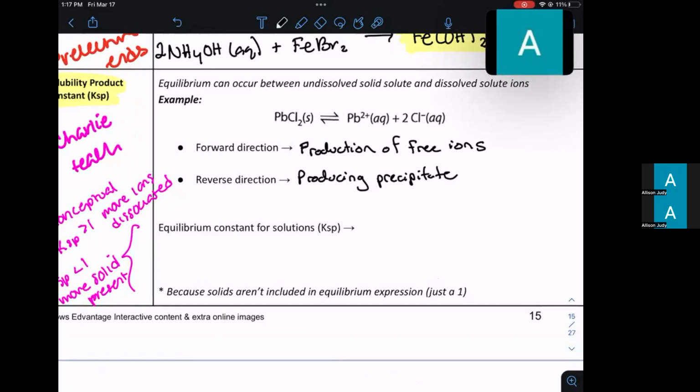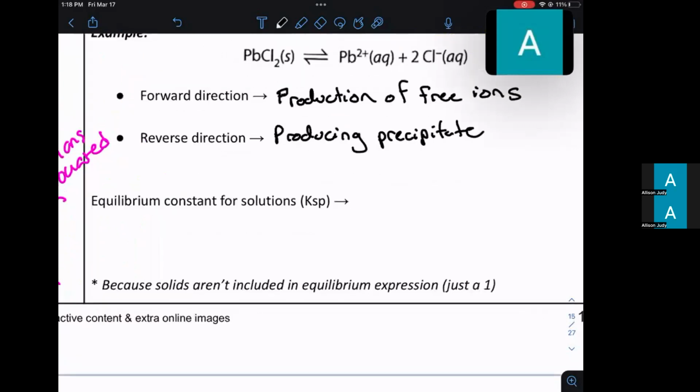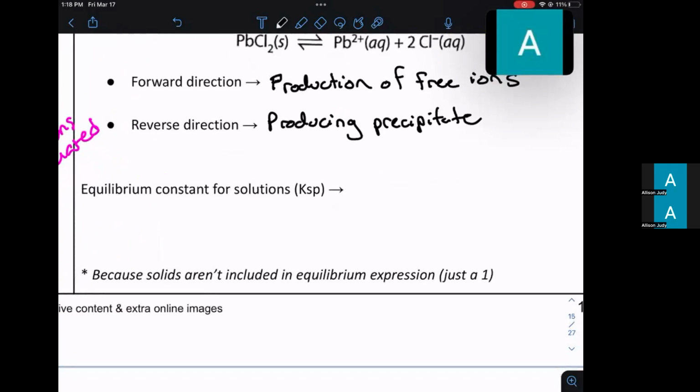So Ksp is very similar to Keq. There are just some special quirks to it because we're talking about solutions, and some special rules that you can apply. When you're calculating the solubility product constant, or the Keq for a solution, Ksp, you only use the concentrations of the free ions. This is just because the precipitate is a solid, so its concentration doesn't matter.